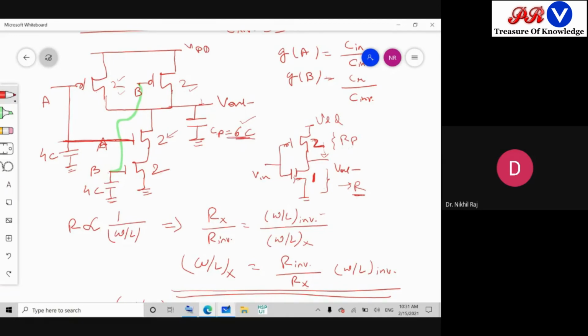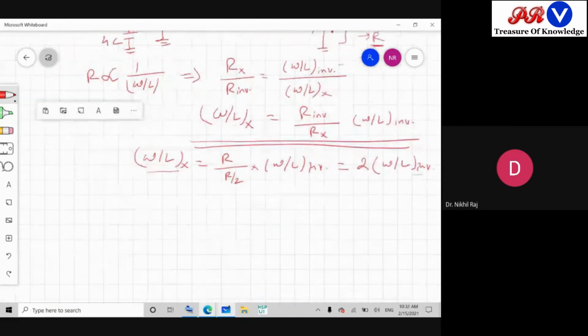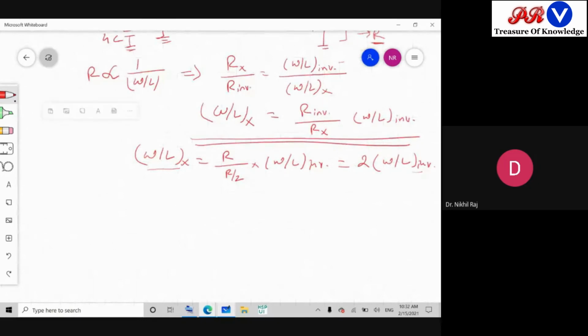So once you know the capacitance at the associated nodes, now I can easily compute the logical effort and the delays. So first, what will be the logical effort G of A and G of B? G of A is the input capacitance ratio, and we have done it with respect to 3C, and the input capacitance I have seen for the A case is 4C.